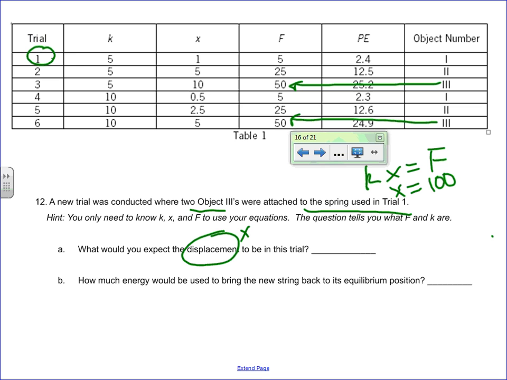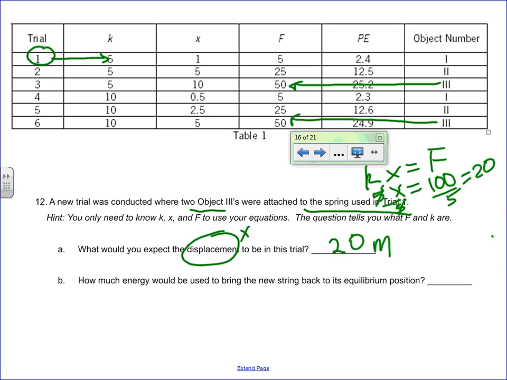The spring used in trial 1 had a spring constant of 5. Which means all we have to do is now plug 5 into here. 5x equals 100. Divide both sides by 5. Cancel, cancel. Equals 20. 20 displacement, which is 20 meters. Excellent.